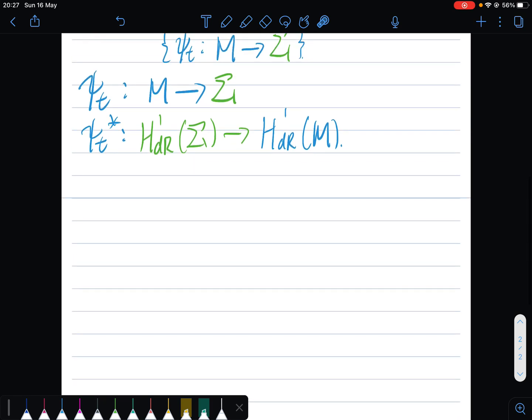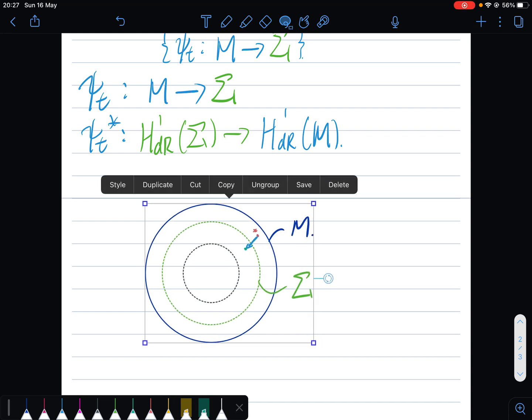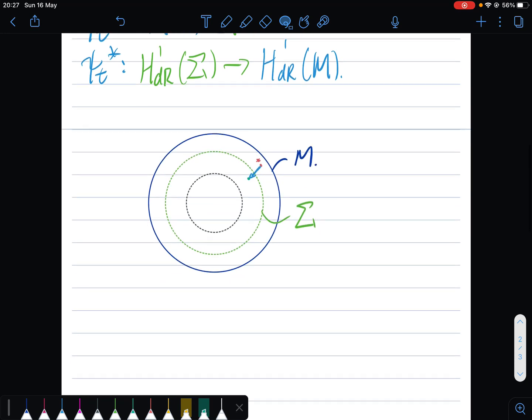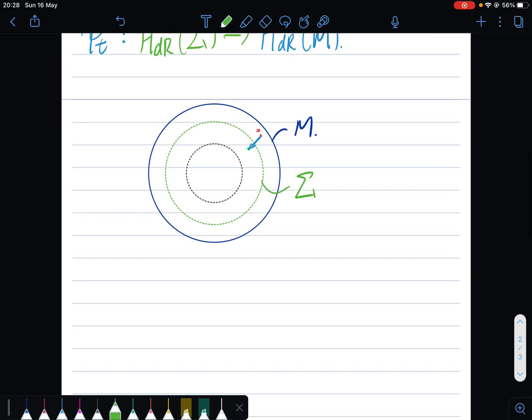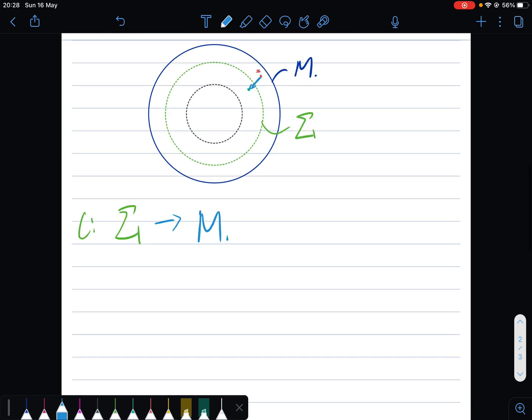Because we are finding it and it involves the submanifold, naturally we will think of the inclusion map from sigma to our manifold M. In other words, it will also induce a pullback map from the first Dirac cohomology group of M to the first Dirac cohomology group of sigma.